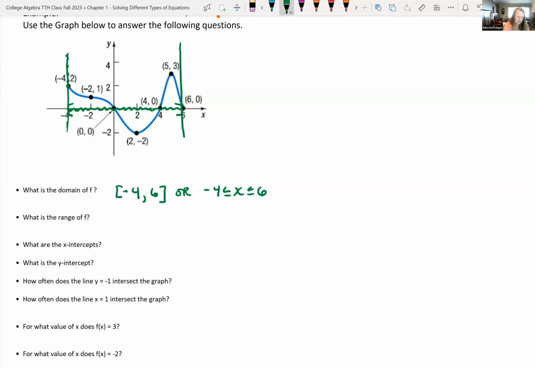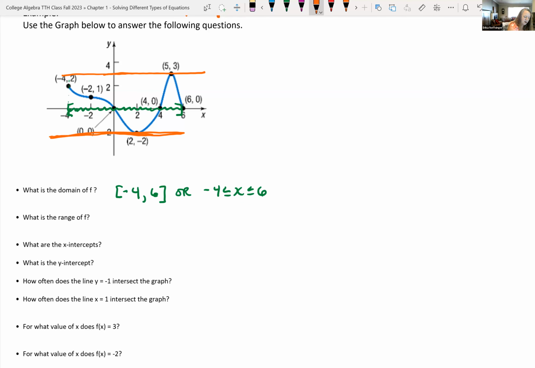The range, though, is all the y values that you're hitting on the graph. The minimum y value that this graph hits is y equals -2. The maximum y value that this graph hits is 3.